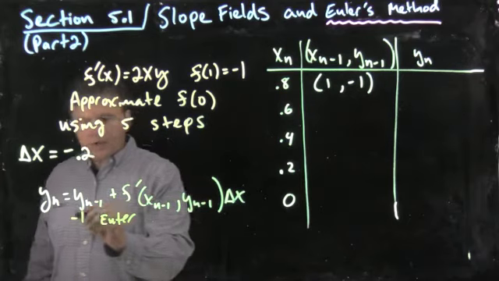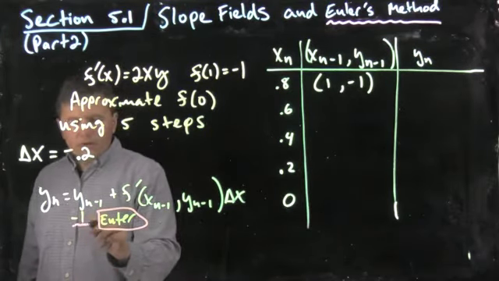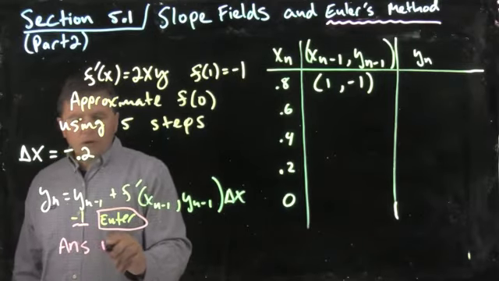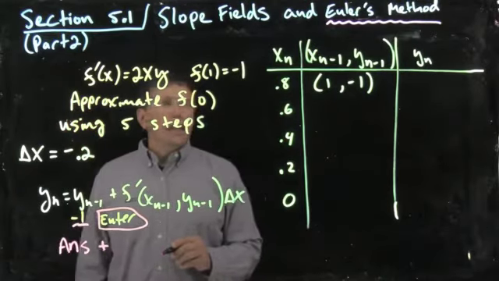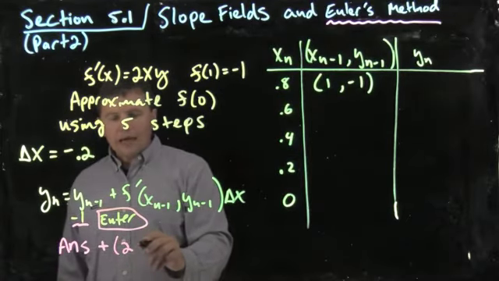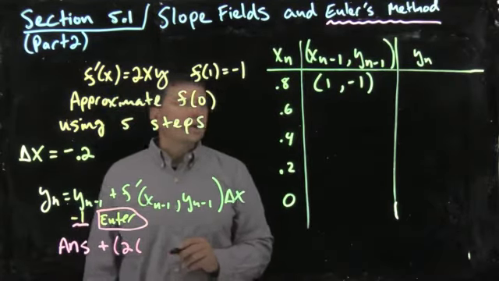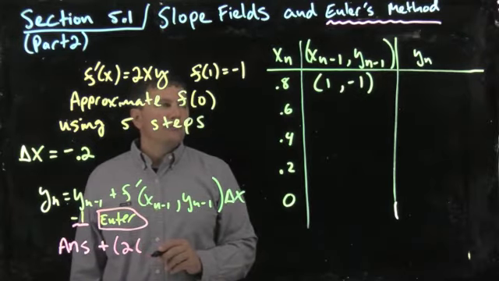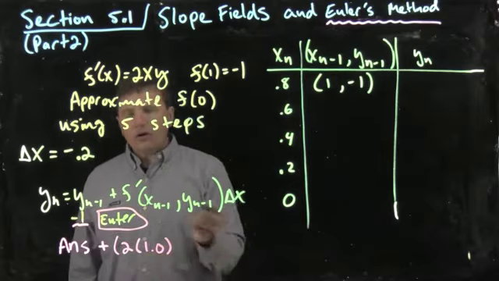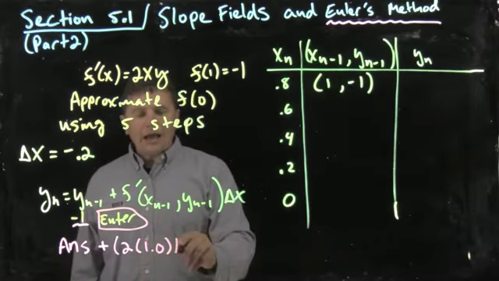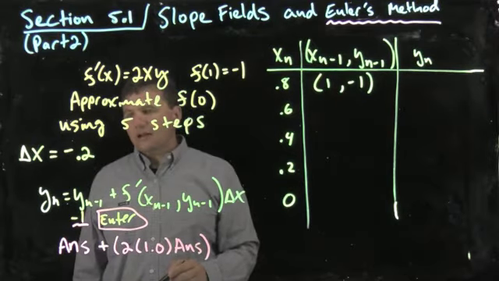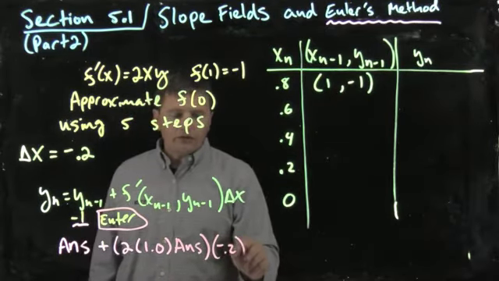Once we do the -1 enter, we enter in our calculator: answer plus our differential equation, which is 2x, let's call it 1.0, that way we don't have to hit the second insert, times y, where we use answer, and then our delta x, which is -0.2.